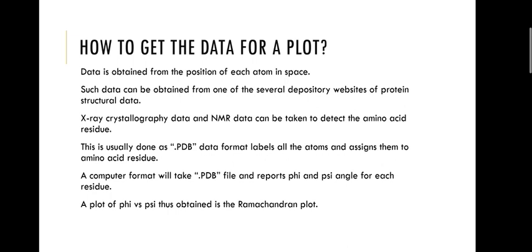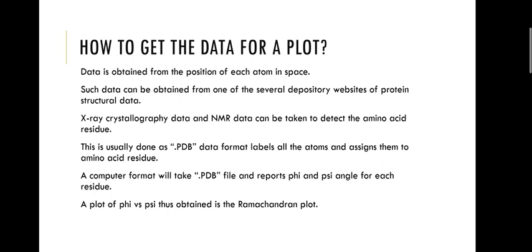So how do we get the data for a plot? How do we make a plot? Usually, the data is obtained from the position of each and every atom in an amino acid in a protein.